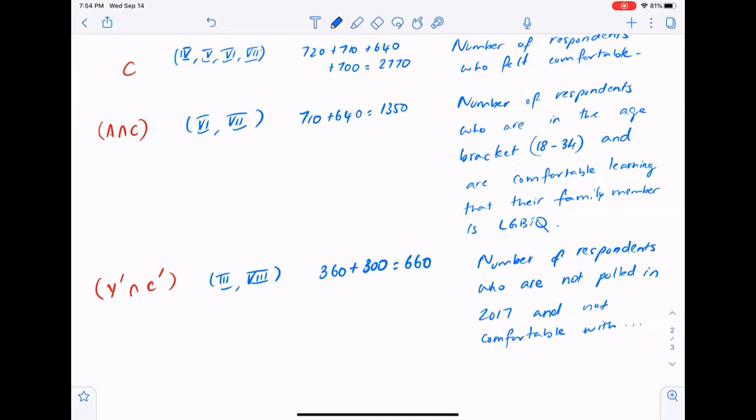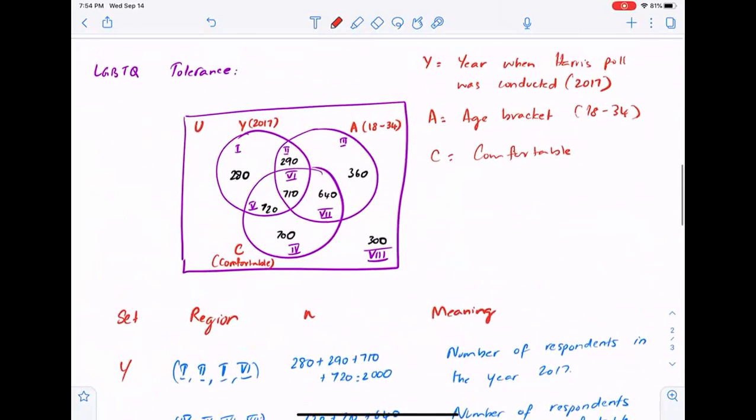But what we can also realize is this is the same as Y union C complement. So we can combine Y union C and take the complement, get the same answer. Well, Y union C will be all of that and everything that is not shaded will correspond to Y complement intersect C complement.